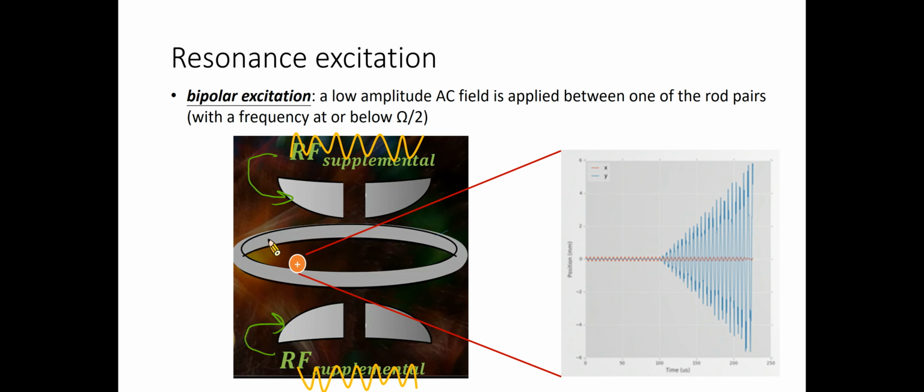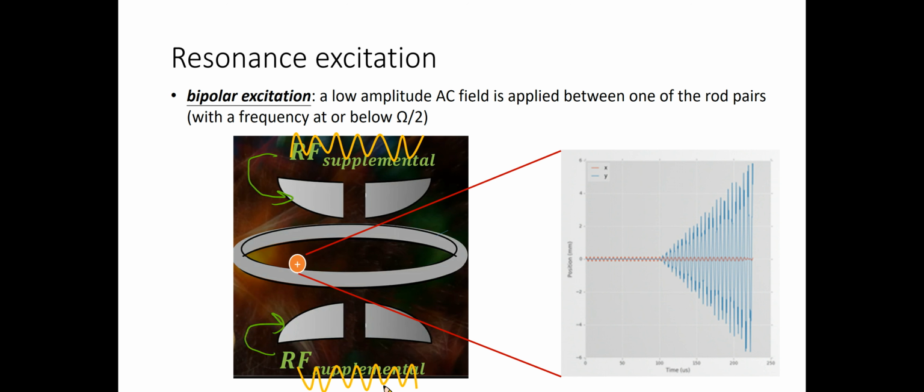Once an ion is confined within the trap by the RF voltage applied to the rods, in addition to a DC on the end caps, the ion's motion can be excited by applying additional waveforms to the rods. Specifically, a low amplitude sine wave is applied to one rod, while an equal and opposite sine wave is applied to the opposing rod.